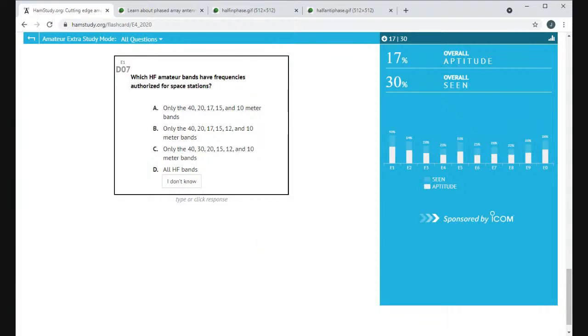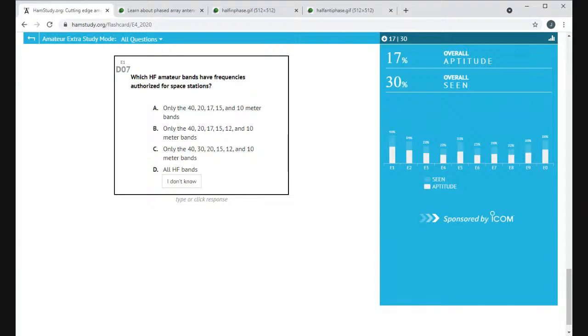Which HF amateur bands have frequencies authorized for space stations? A. Only 40, 20, 17, 15, and 10. B. Only 40, 20, 17, 15, 12, and 10.